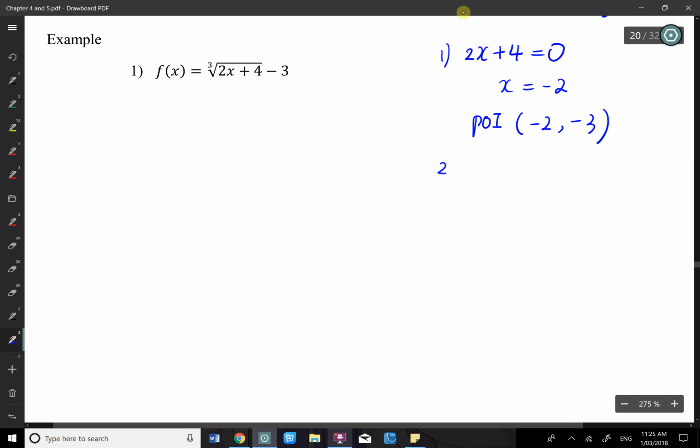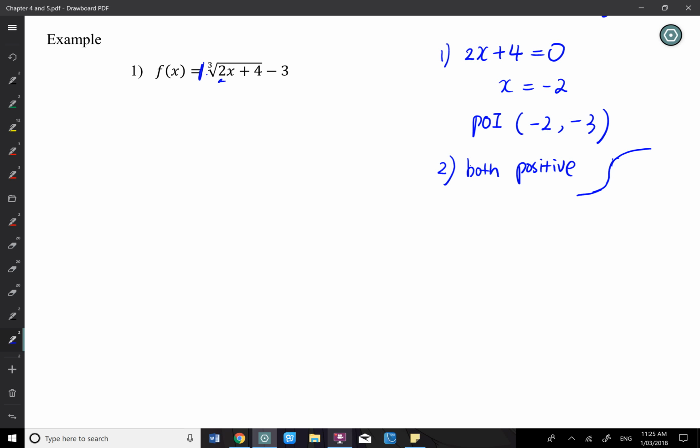And second, select a shape. This is the both positive case, so we will have the increasing shape, because there's a 1 in front of the cube root and a 2 in front of the x. They're both positive, therefore it is an increasing shape.